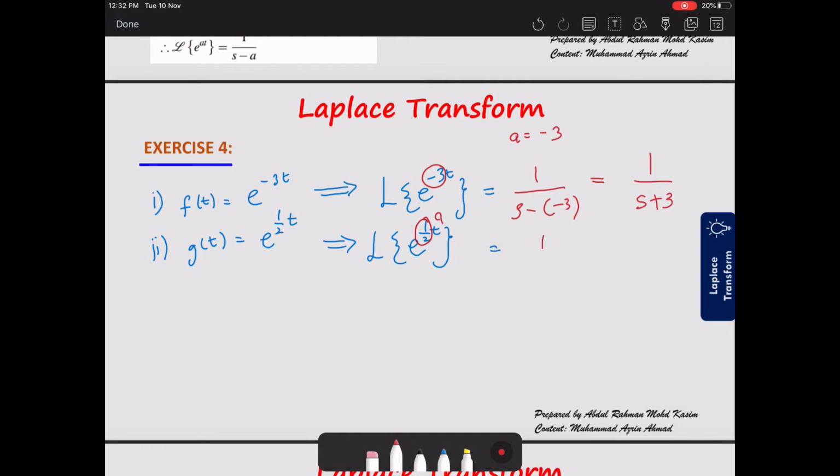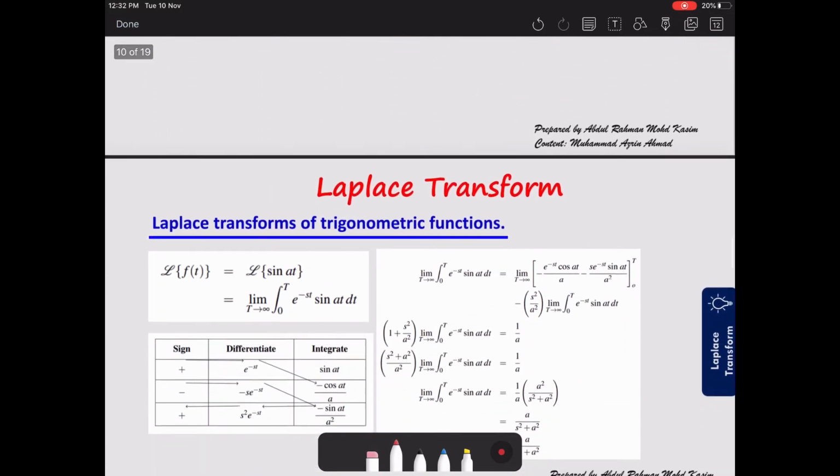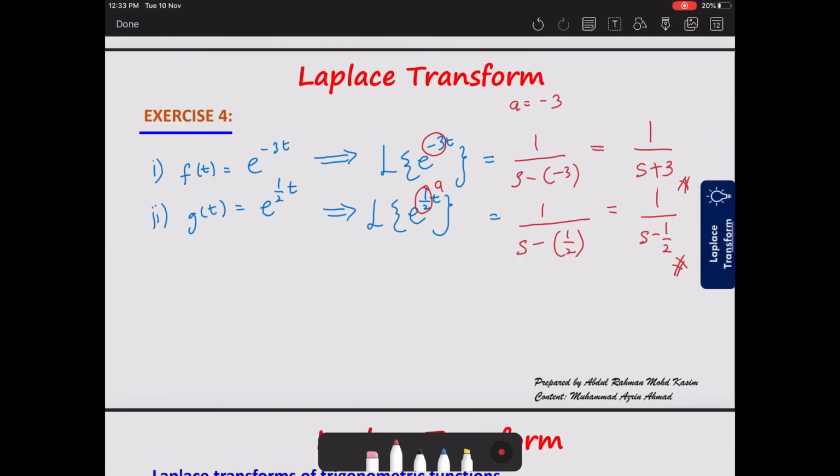So you have 1 over s minus, then put your a over here, 1 over 2. So your answer is 1 over s minus 1 over 2. This is the answer if you have the function in terms of exponential.